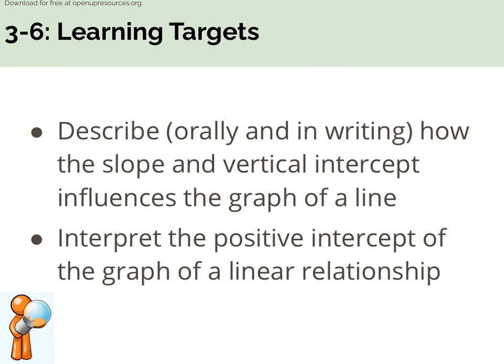So again, we needed to describe orally and in writing how the slope and the vertical intercepts of the graph of the line, what they mean. Interpret those positive intercepts of the graph of the linear relationship. Remember, a linear relationship is a straight line on a graph and it does not go through 0,0 like before.